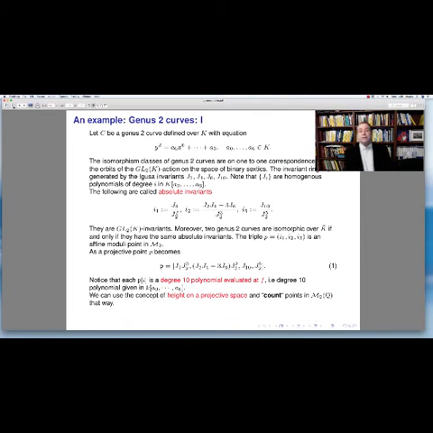So let's consider a genus 2 curve. A genus 2 curve looks something like this, right? Two genus 2 curves are isomorphic if and only if they have the same absolute invariants, and these are the absolute invariants. They are given in terms of the Igusa arithmetic invariants. In the literature, they are always denoted by J2, J4, J6, and J10, where the subscript denotes the degree.